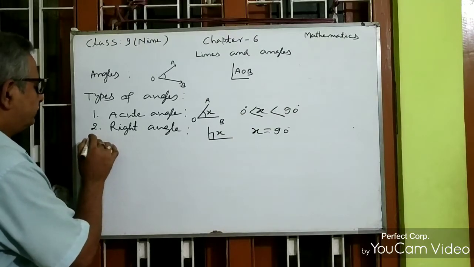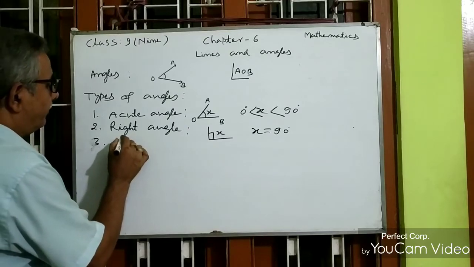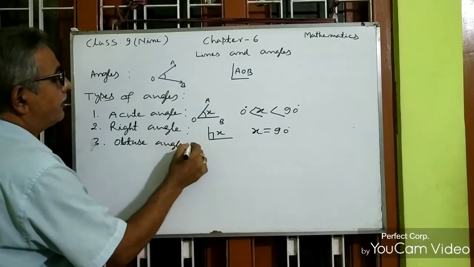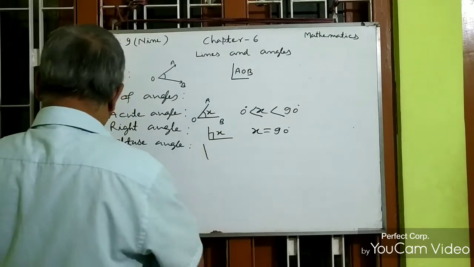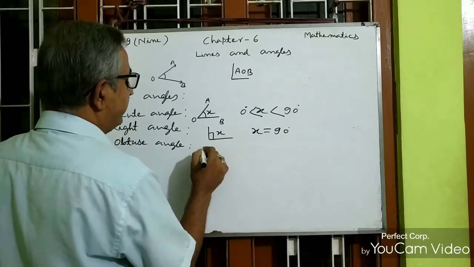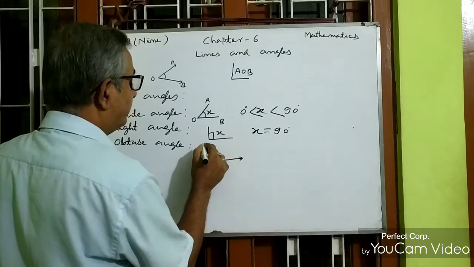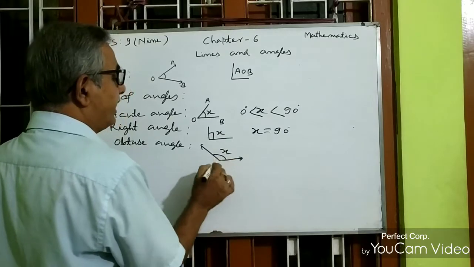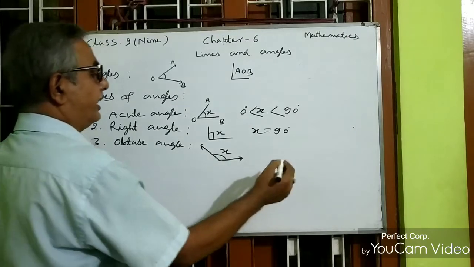Now, obtuse angle. Which angle is called an obtuse angle? You see, one angle you will get like that, which is greater than 90 degree but less than 180 degree. So it is an obtuse angle.